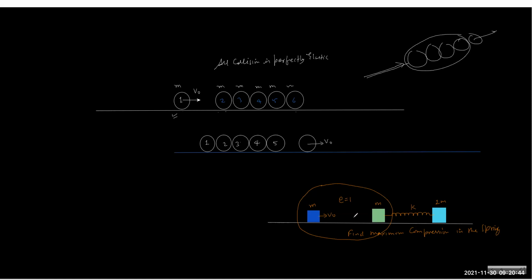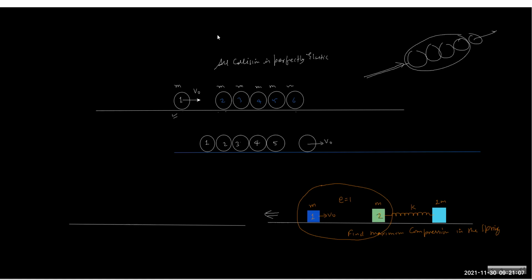The colliding bodies are M, this 1 and 2. The first step is obvious: simply exchange the velocities. So 1 will come to rest and 2 will move. So basically this problem is equivalent to this problem.